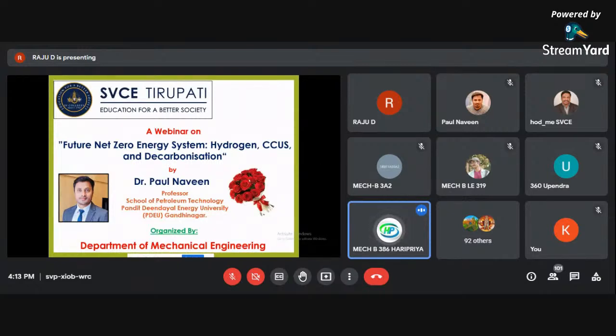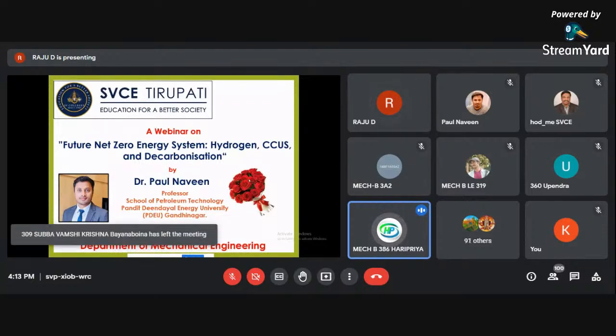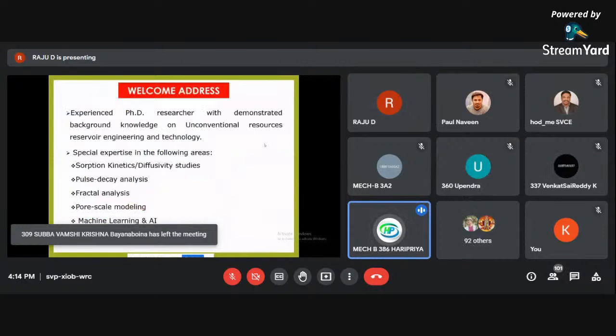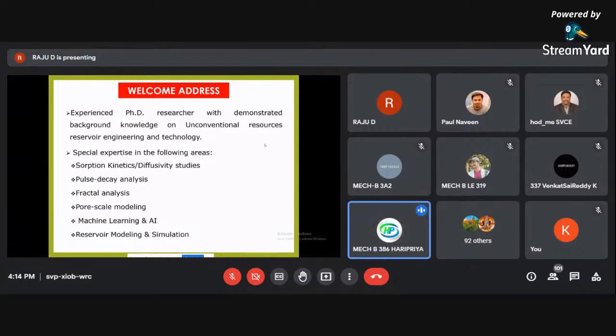Sir is an experienced PhD researcher with demonstrated background knowledge on unconventional resources, reservoir engineering, and technology. Sir has special expertise in sorption kinetics and diffusivity studies, pulse decay analysis, fractal analysis, pore scale modeling, machine learning and artificial intelligence, reservoir modeling, and simulation.